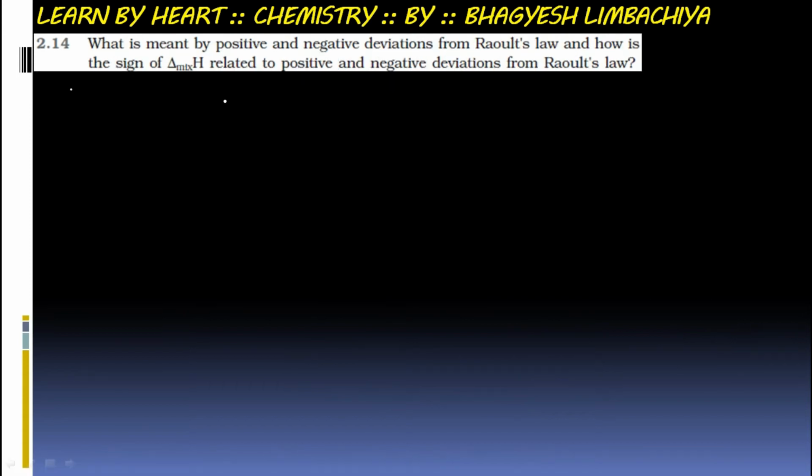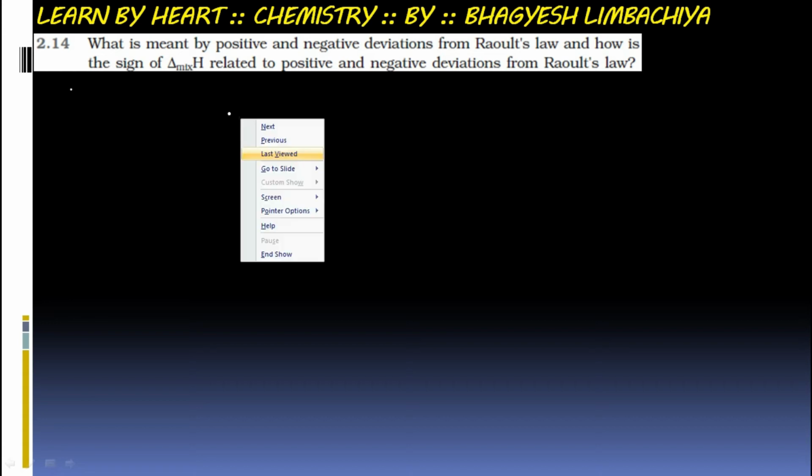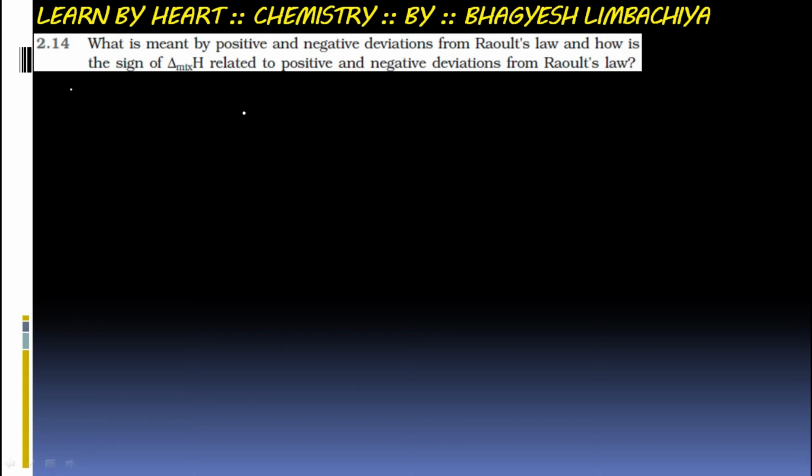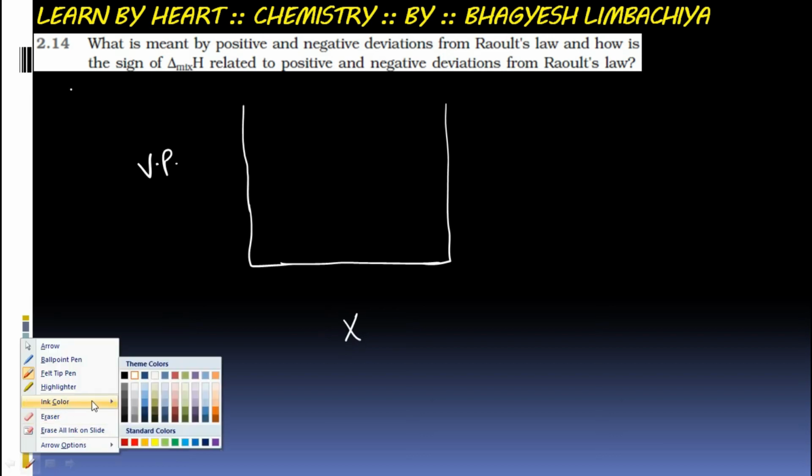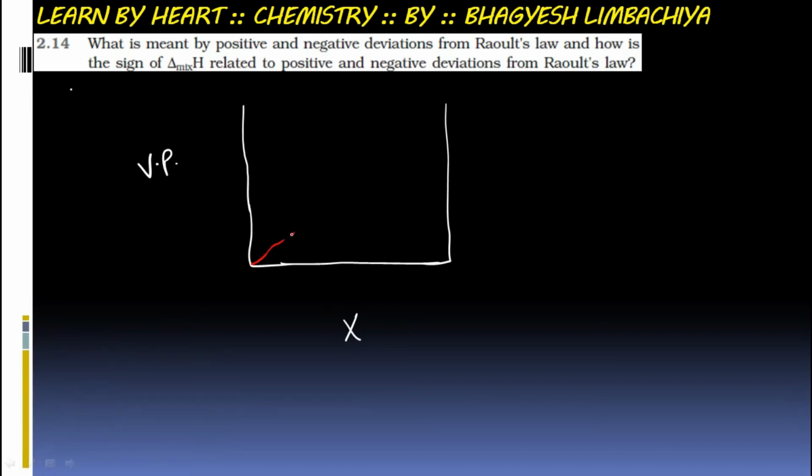In this question you are asked the meaning of positive and negative deviation from Raoult's law, and how the sign of delta H mixing is related to positive and negative deviation from Raoult's law. See, first of all, according to Raoult's law, when any solution is ideal, the graph of vapor pressure versus mole fraction must be a straight line like this.